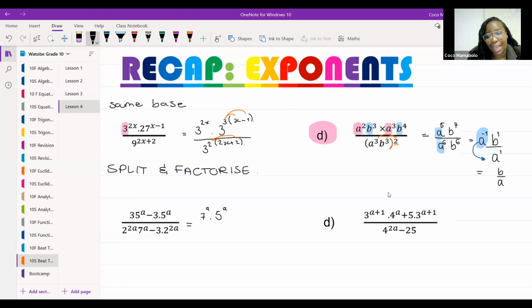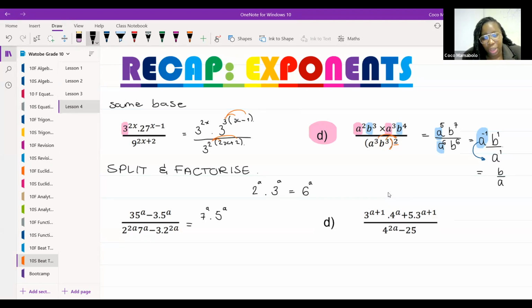What this says, guys, is if I have 2 to the power of A multiplied by 3 to the power of A, because these two numbers share an exponent, I can then put them together. I can multiply them together. I can rewrite this as 6 to the power of A. I can do that because they have the same exponent.